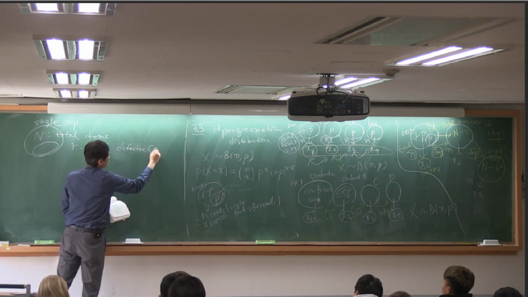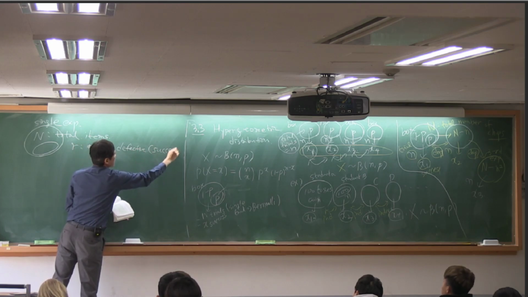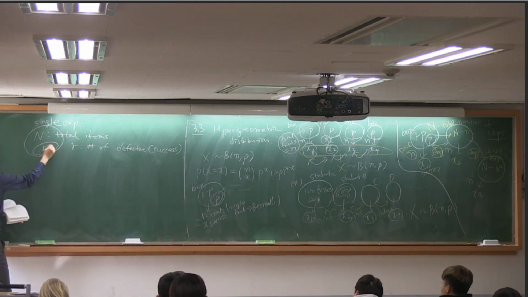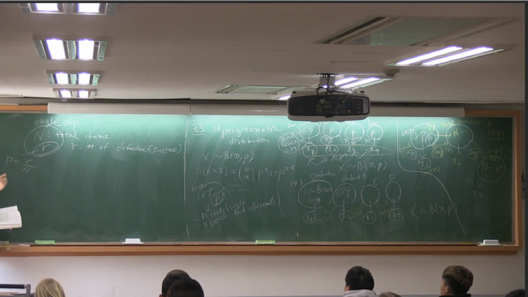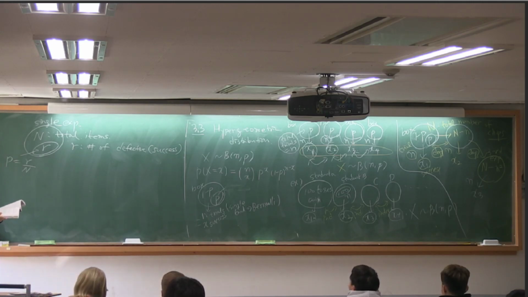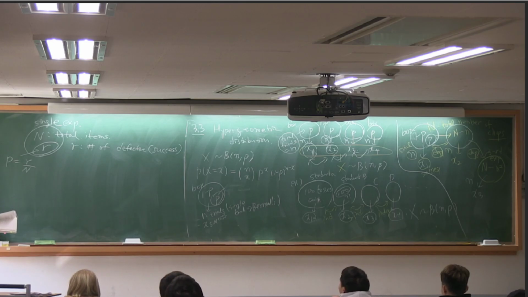Defective means success. What is the probability of a Bernoulli trial? It is R divided by N. When you take a single chip, the success probability is R divided by N.